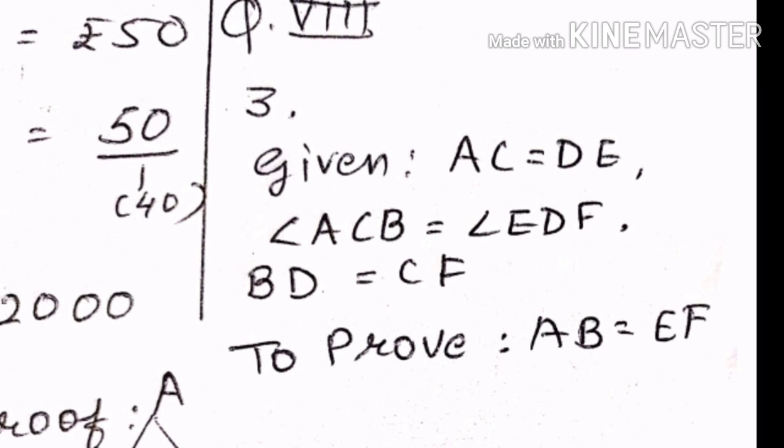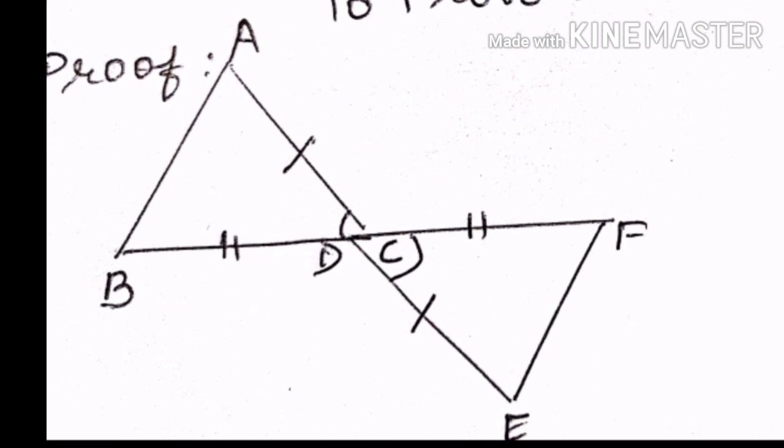So we take our figure. See the figure and how you can show congruency in two triangles. Here in the two triangles ABC and DEF, AC is equal to DE and BC is equal to DF, and angle ACB is equal to angle EDF, which I have denoted with the same signs.